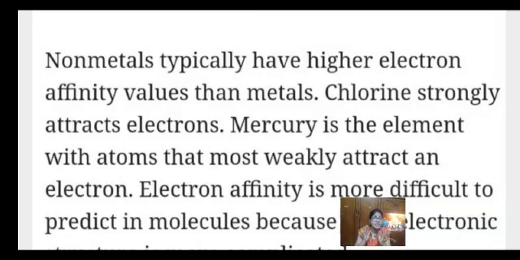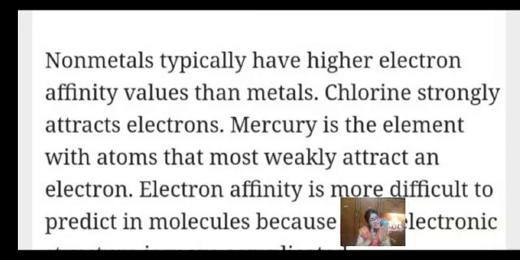This is called shielding. They will be covered up, and as there is shielding, the attraction of the nucleus, that is the positive charges, will be lesser. The control of the positive charges over the electron present in the outermost orbit will decrease because of the shielding, that is because of the addition of more orbital shells.